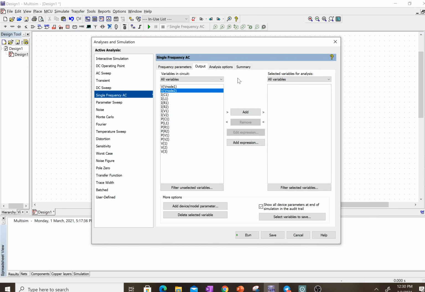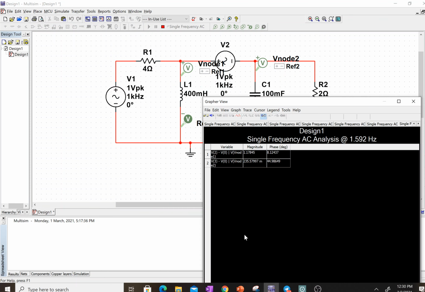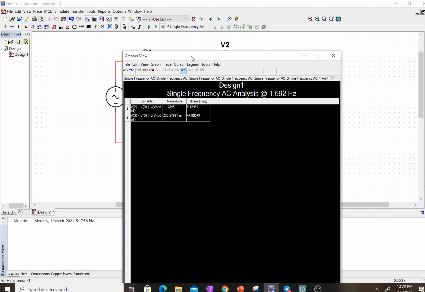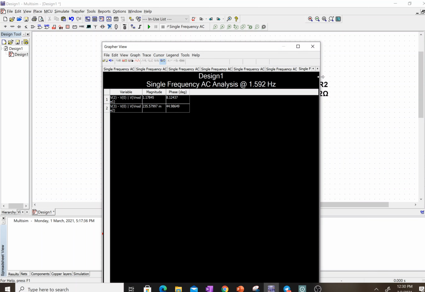We want to measure voltage at node 1 and voltage at node 2. And then click run.